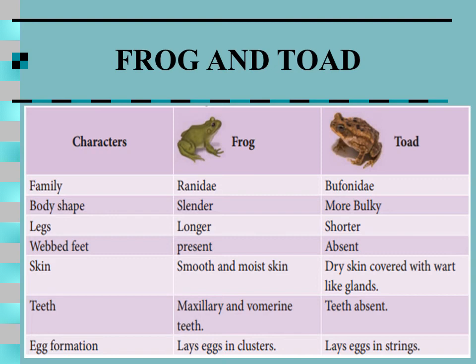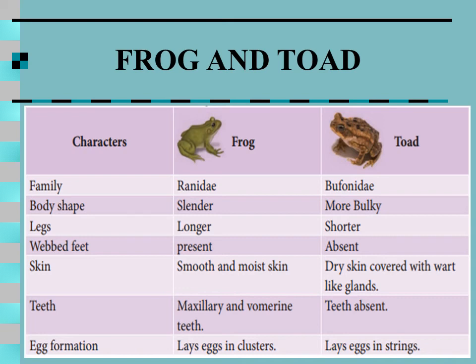Let us see what the difference between these two is. The phylum, class and order are the same: phylum Chordata, class Amphibia, order Anura. The family onwards differs. The frog belongs to the family Ranidae, and the toad belongs to the family Bufonidae.